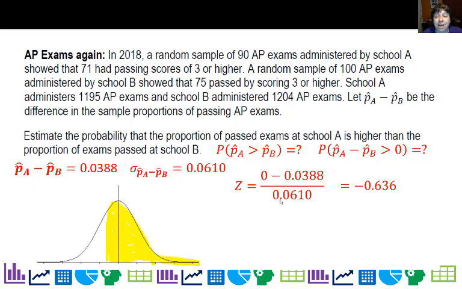Now, it really helps to shade it in and know which way you're going because you could have easily assumed it was to the left. So I always like shading it in and knowing what I'm doing here. So that tells me that this is the lower boundary for my normal CDF, z lower, and that z upper is positive infinity. Again, since you can't normally enter infinity, put something like 100,000 in.